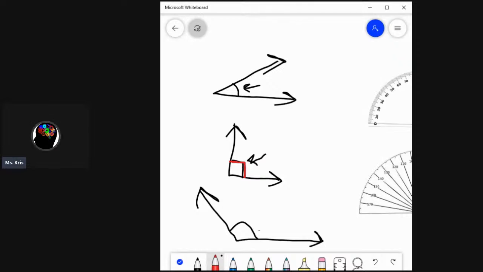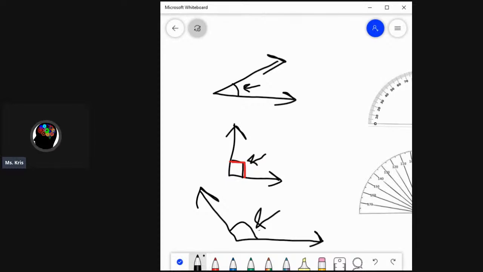So, right angles, exactly 90 degrees. Acute angles, 89 or less than 90 degrees. Obtuse angle, of course, you guessed it, is greater than 90 degrees but less than 180 degrees.